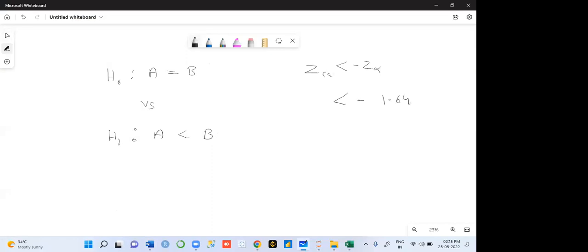What is the Z calculated value? Minus 7.14. So this number is less than this number. What do we do? This is a rule made by the scientists. Nobody can change this rule, guys. That's why I've taken this rule from the theory notes.